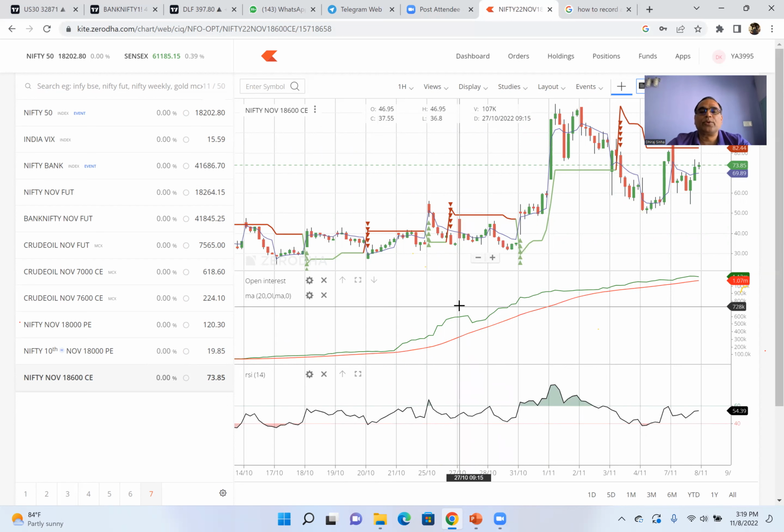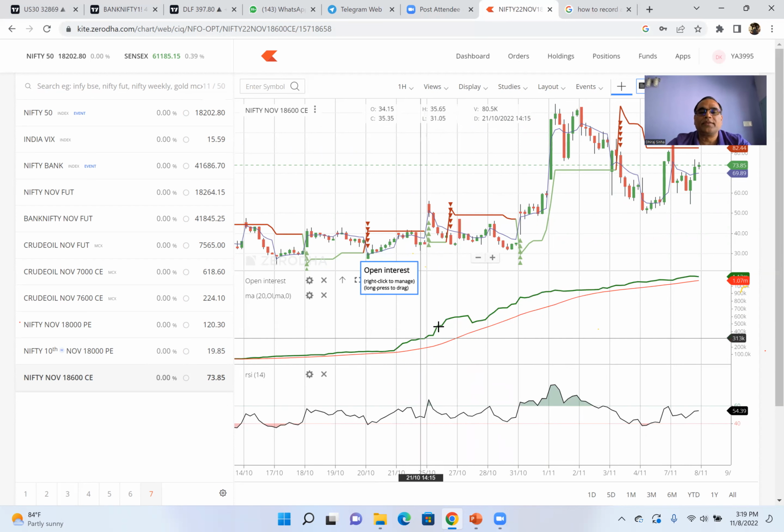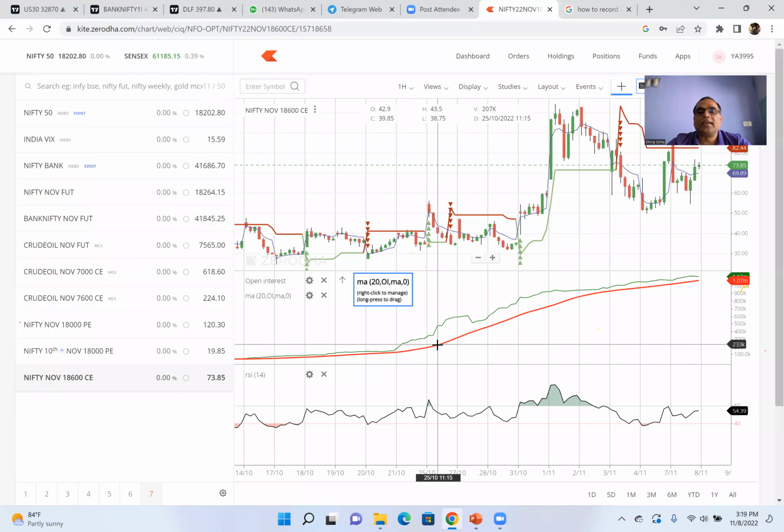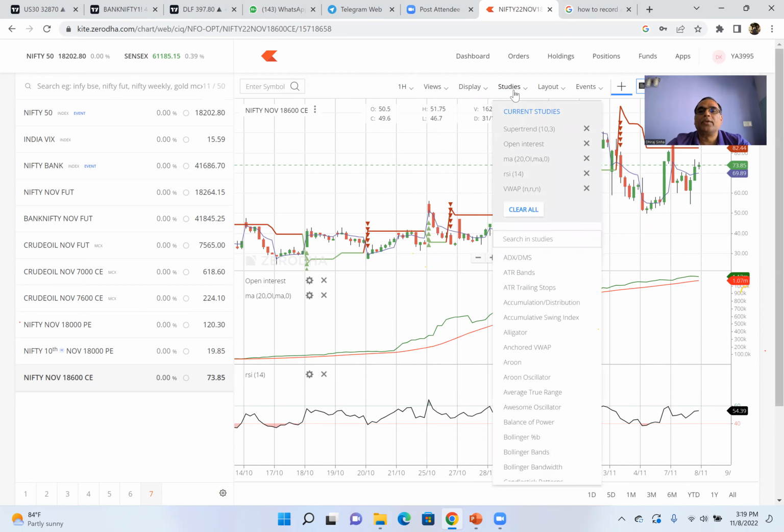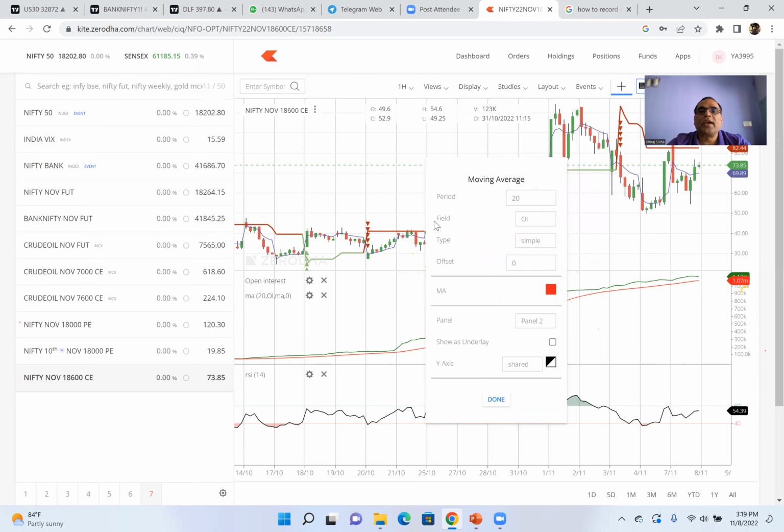You can clearly see that I have this OI. This is the OI. This red line is the 20 SMA on the OI. I hope you guys know how to put an SMA on the OI chart. You can go here, do open interest, and select moving average. Once you select moving average, in the field you select OI as the field. Otherwise, it will be HLC3 or something like that.